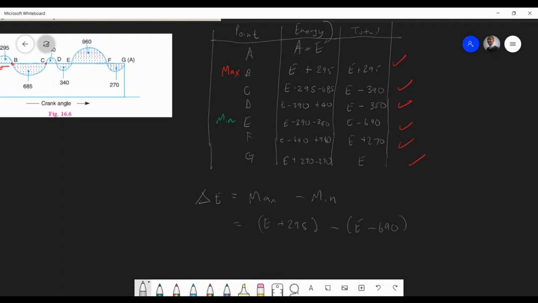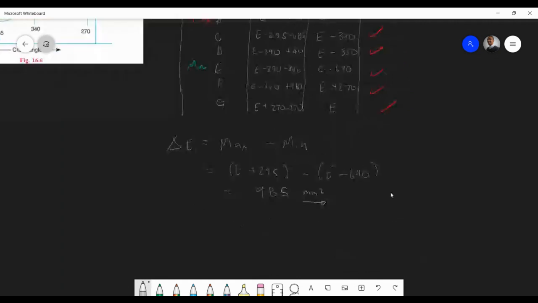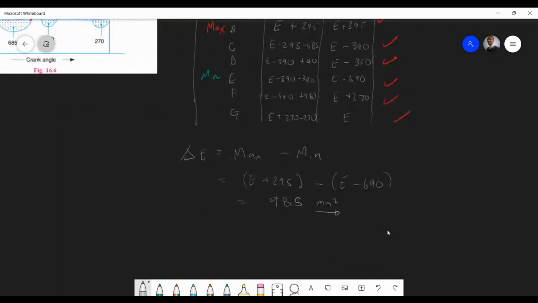Obviously this becomes a plus, the E's will cancel, and you're left with 985. It's the area, so 985 millimeters squared, right? It's going to be stock standard like this. It's basically that area we were talking about. So like I said, this unit thing, even if you write 985, I'm still happy. But we're going to have to convert now.